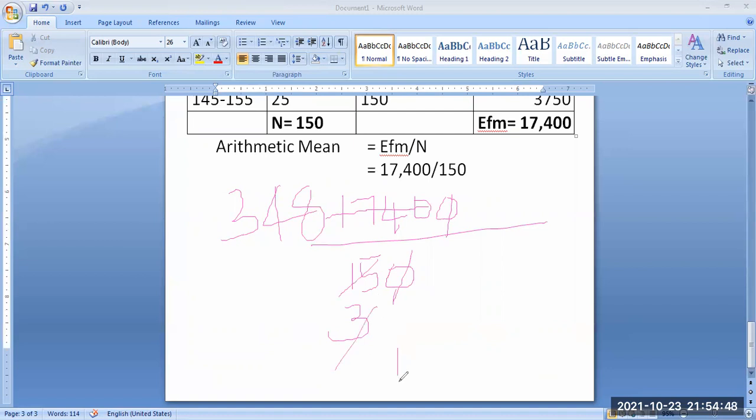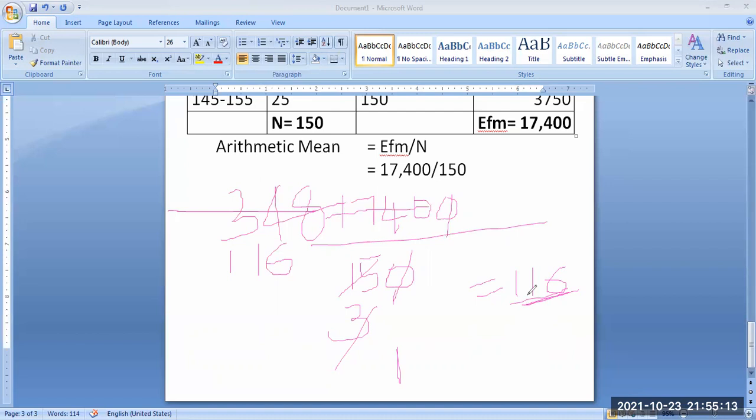So it is equal to 3 1s are 3, 3 1s are 3. 4 minus 3 is 1, 1 4. It will be 116. Is it correct? You please cross check. 116 is going to be the answer.